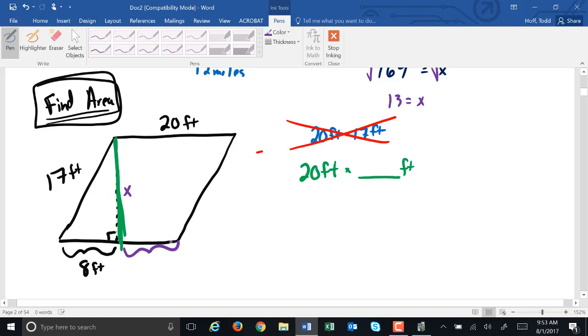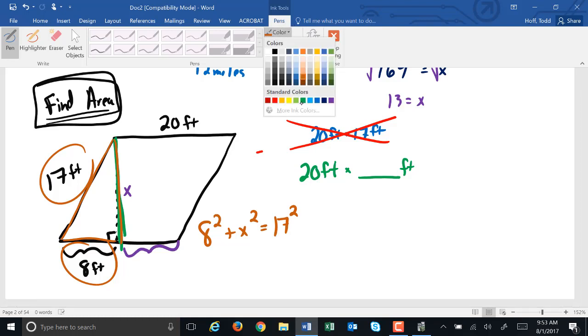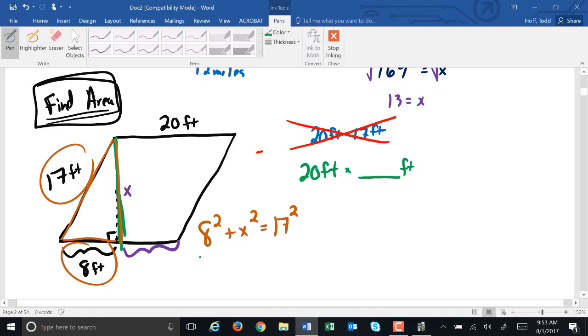What I have here, there it is. It's a right triangle, and I have two sides. I have the 8 and the 17. Perfect. 8 squared plus x squared equals 17 squared. So 8 squared is 64, plus x squared is just x squared. 17 squared is 289.